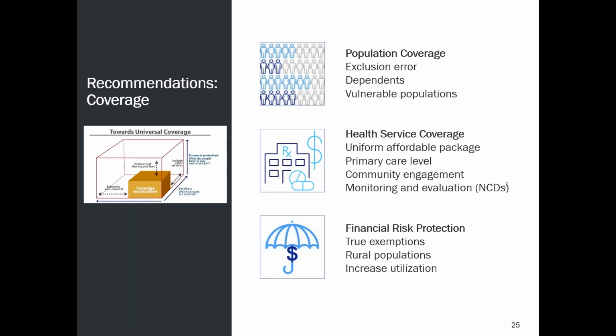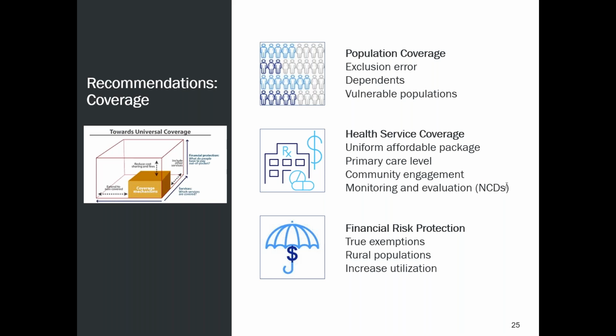Now, for health service coverage, the recommendation is to have a uniform, affordable package of health services across the two schemes. At the moment, Health Equity Fund and Social Health Insurance employ different benefit packages, whereby the Health Equity Fund is promoting preventive services and rehabilitative services to a certain extent, whereas Social Health Insurance emphasizes curative care.